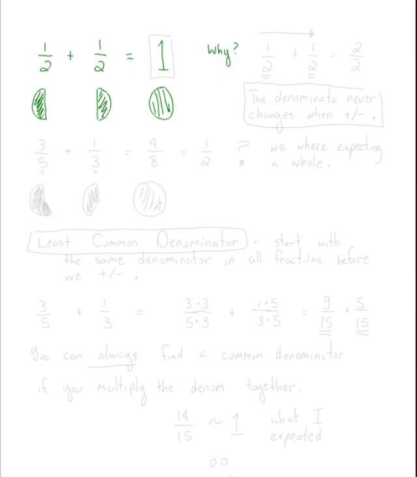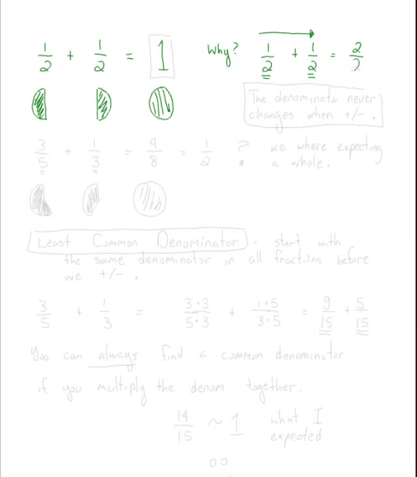Well, what happens is we add the 1/2 plus the 1/2. The numerators get added together, so you have 1 plus 1 is 2, just like we did when we multiplied. And the denominator stays exactly the same, because the amount of pieces in a whole never changes.